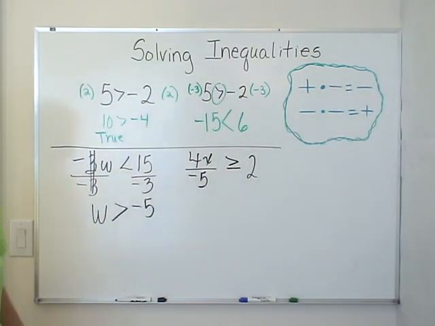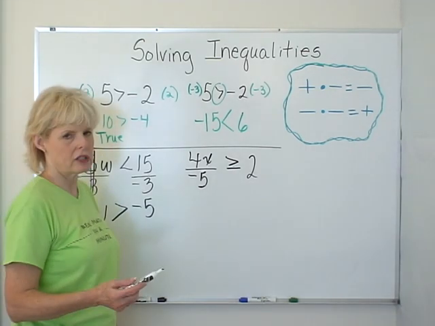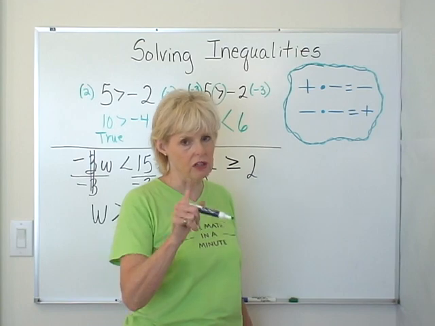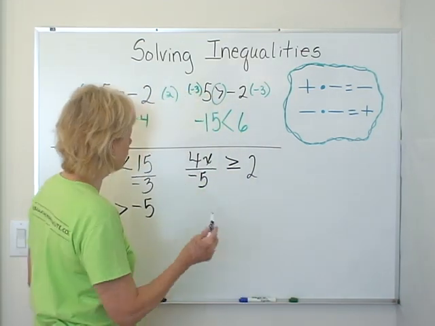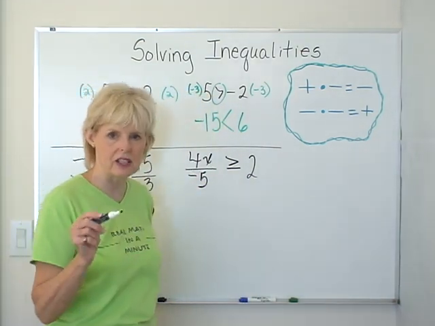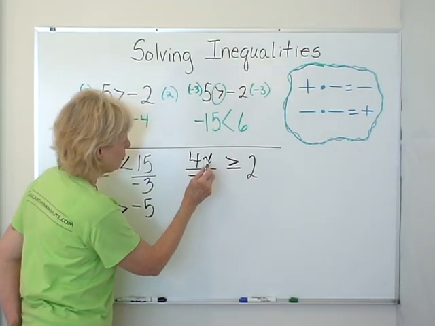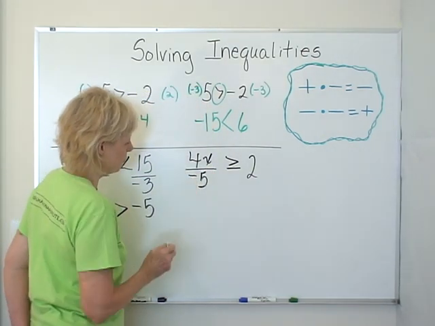And this is a two-step problem, but you have the same issue. So you work it exactly like it's an equation, really and truly exactly, with the only exception being our rule.